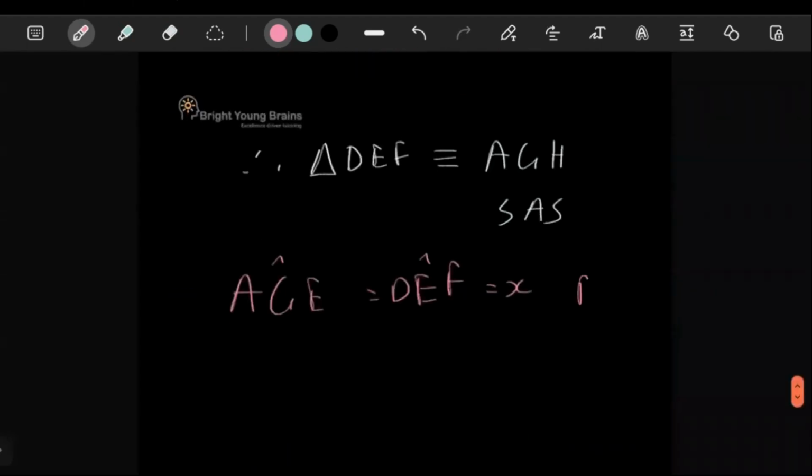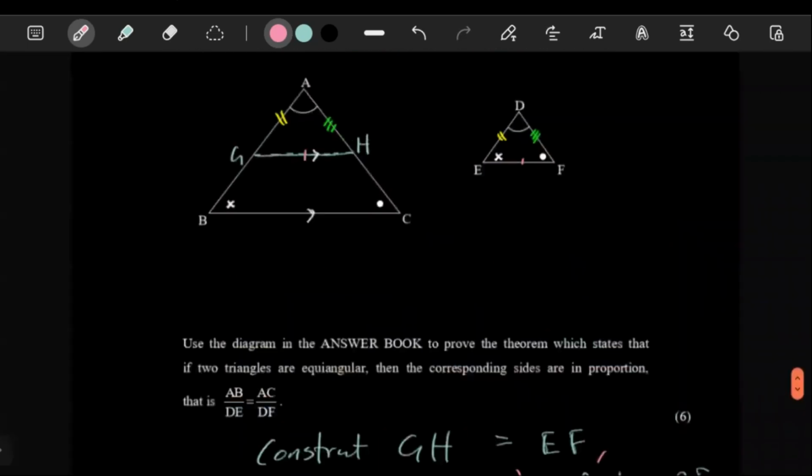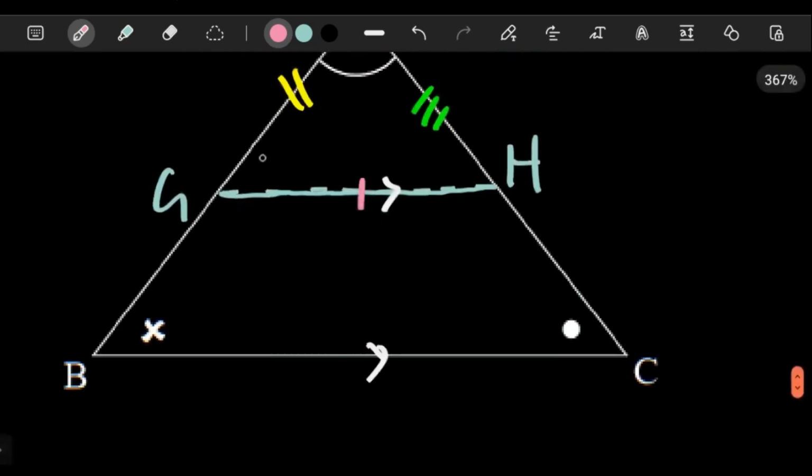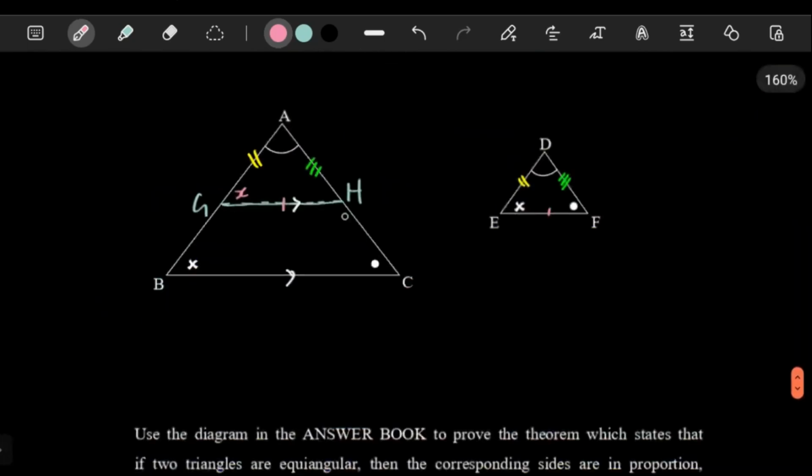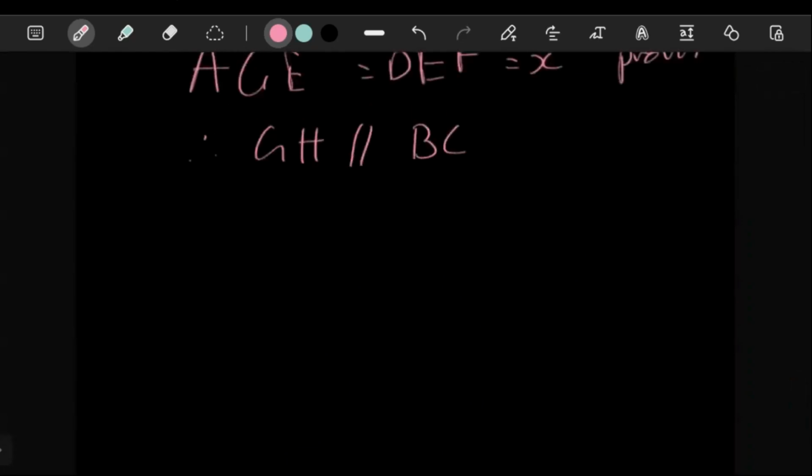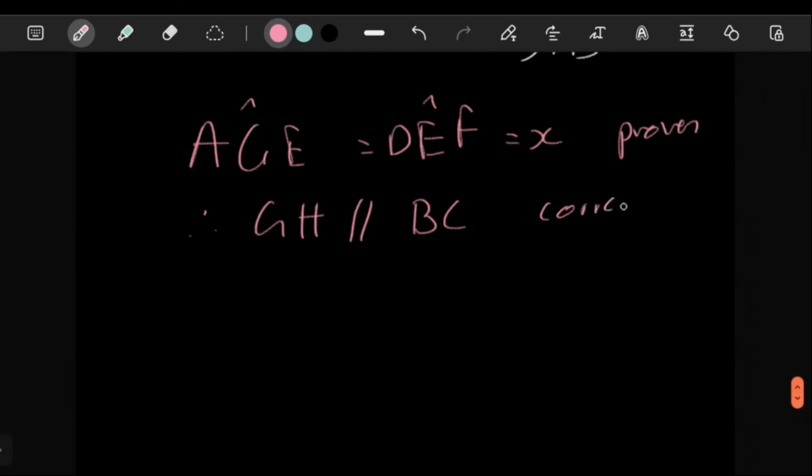We can just say proven here, because if you've proven that your triangles are congruent, it means they're identical. So now that you've shown that this is equal to X, you can easily state that GH is parallel to BC. GH is parallel to BC. The reason is corresponding angles are equal.